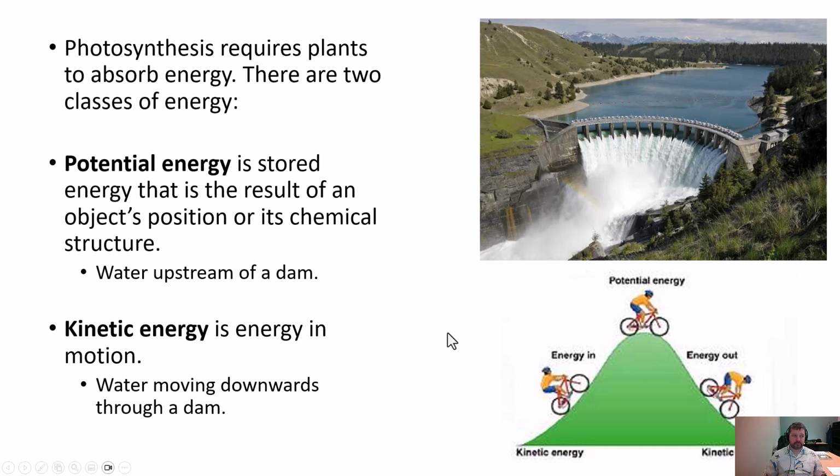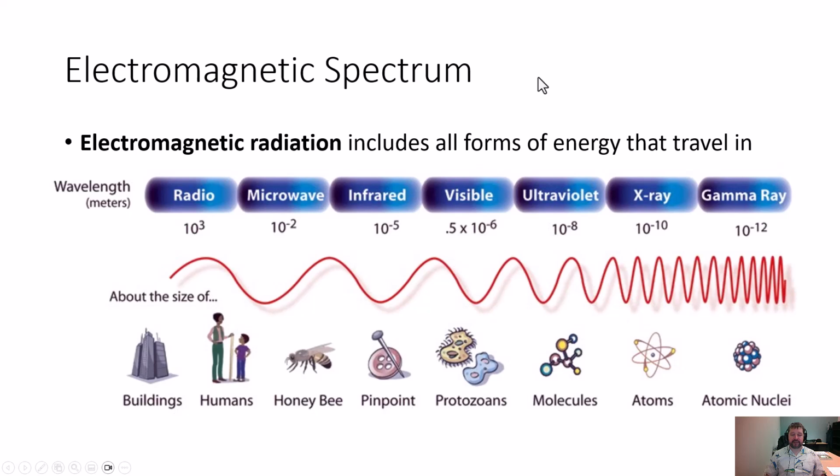Okay? All right, let's drop back into talking about the sun and talking about the photons and the energy that's coming from the sun. Again, it's coming in as wave patterns or waves, and the wavelength determines the amount of energy that photon, that particle, is going to pack.